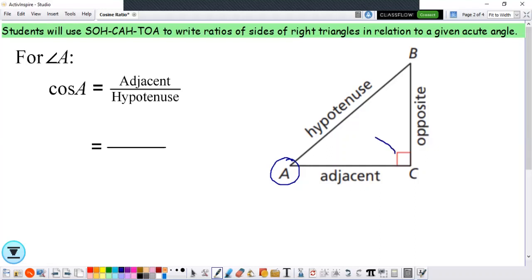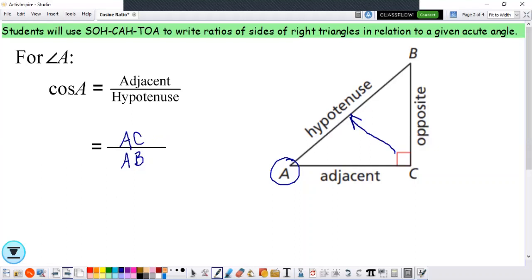Remember, hypotenuse is always directly across from the right angle, and the adjacent side is the other side that forms that angle. So for cosine of angle A, the adjacent side is side AC, and the hypotenuse is side AB. So the ratio for the cosine of angle A would be the length of AC over the length of AB.